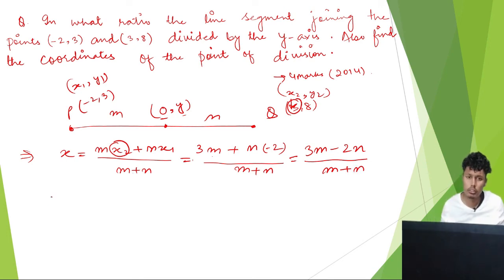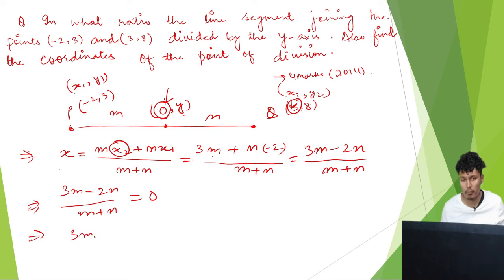Okay, so this x here is equal to 0. So we can write 3m minus 2n divided by m plus n equal to 0, because here it is 0.